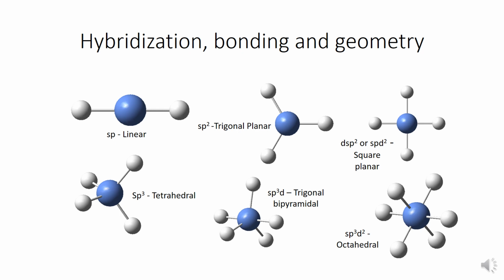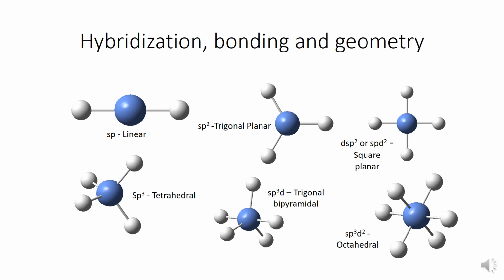dsp2 means that d is coming from a lower quantum state, say the 3d, 4s and 4p. Or you also have the spd2. spd2 means they are on the same level. So this one is an inner sphere, while this one is an outer sphere. You have the outer sphere because they are on the same quantum state, or the inner sphere because one of the bonding orbitals is on the lower quantum state.